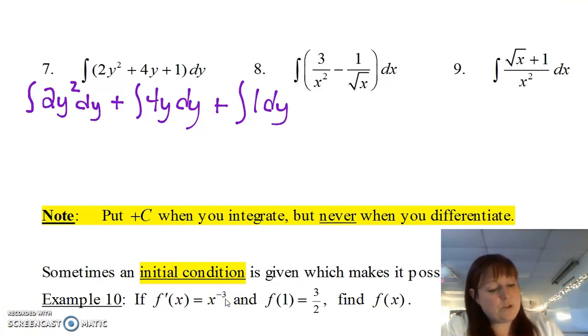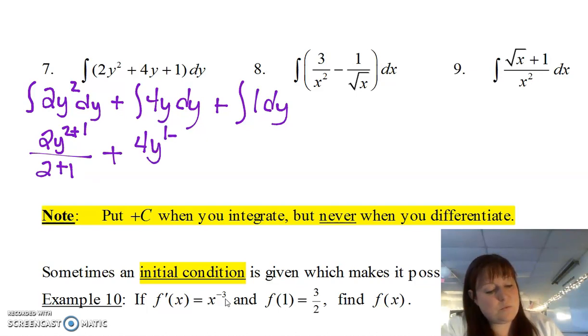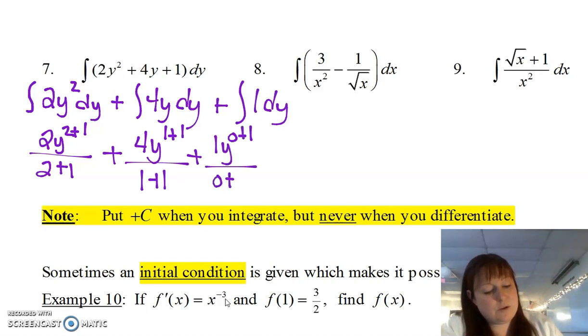Well, we do 2y to the 2 plus 1 over 2 plus 1, plus 4y to the 1 plus 1 over 1 plus 1, plus 1y to the 0 plus 1 over 0 plus 1.